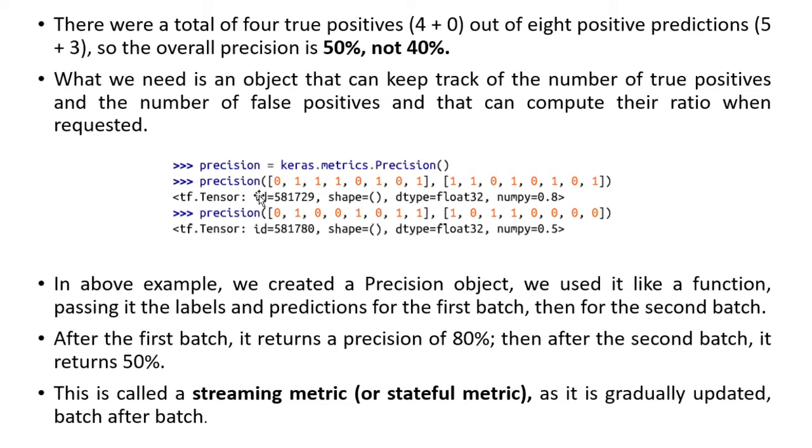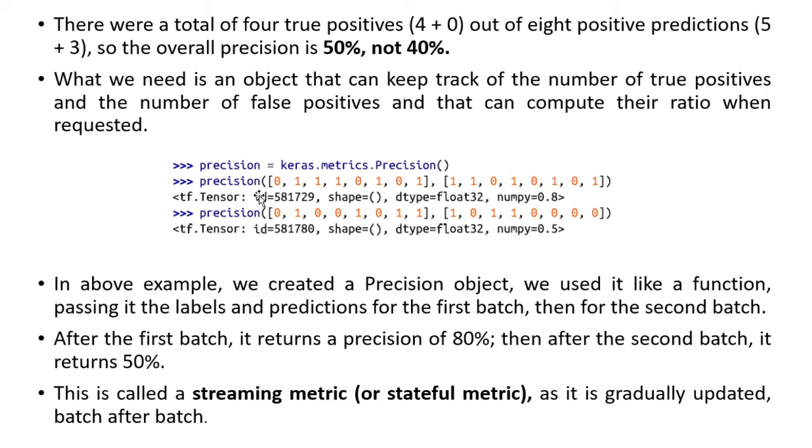But the total number of true positives across the first and second batch is 4 plus 0, which is nothing but 4, out of 8 positive predictions, that is 5 in the first batch and 3 in the next batch. So the overall precision should be 50%, not 40%.